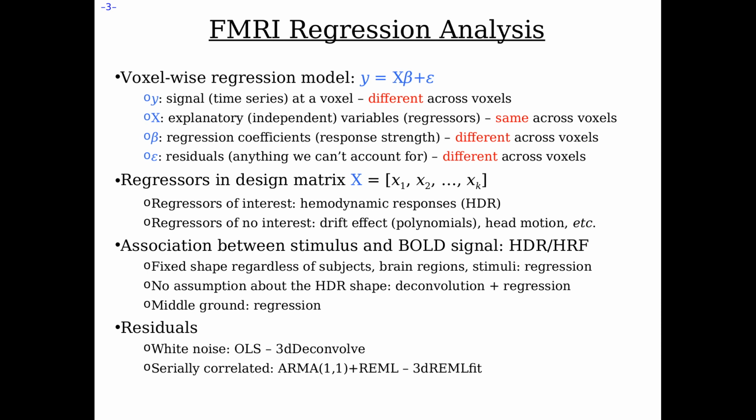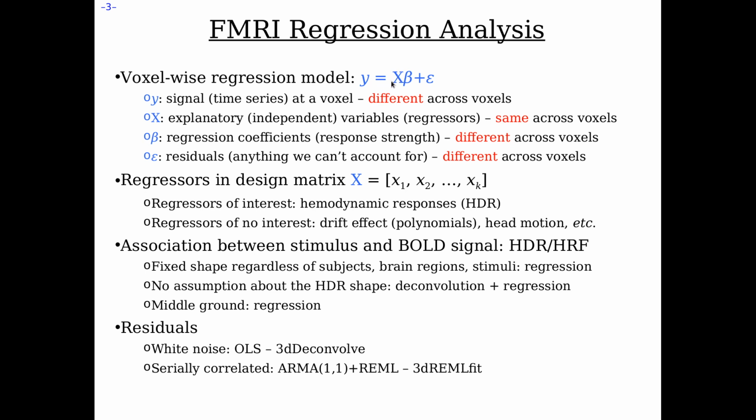and just covering the results. Anyway, so the voxelwise regression model that you've presumably just reviewed, y equals x beta plus epsilon: the x matrix is the regression matrix, the columns of which you might say are the regressors of interest, of no interest, the baseline model, everything put together in one regression matrix.